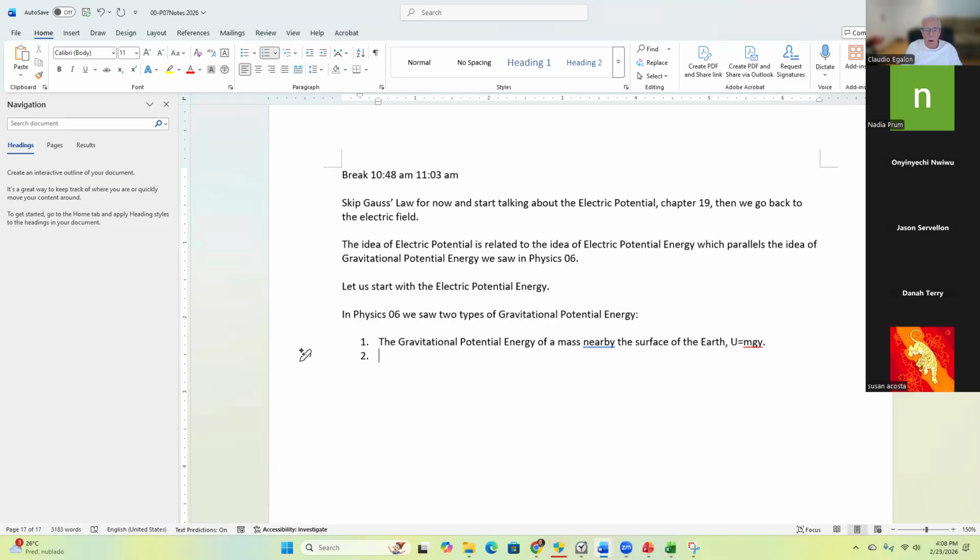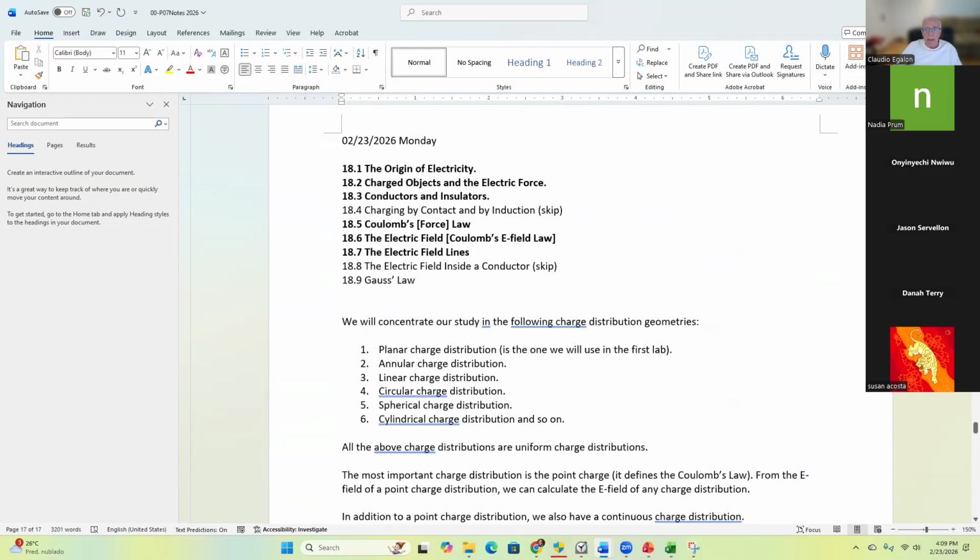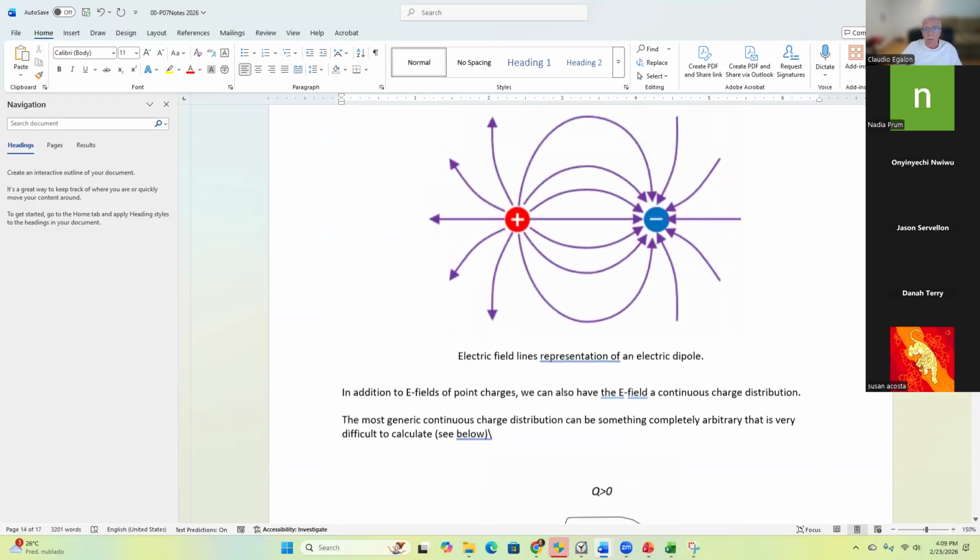And we also saw the gravitational potential energy of a mass at any distance from the center of the Earth. In this case, the equation was different. Do you remember what the equation was? We didn't derive it, but I displayed its equation.